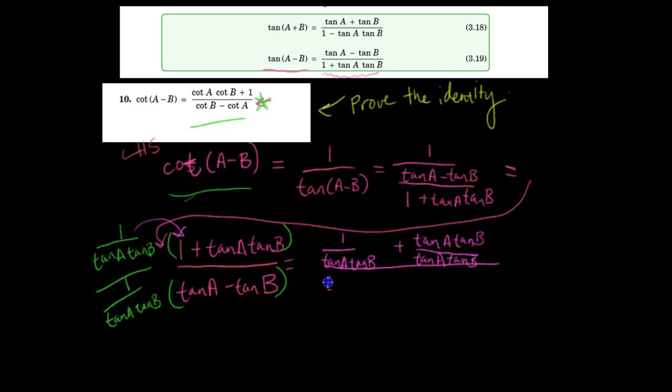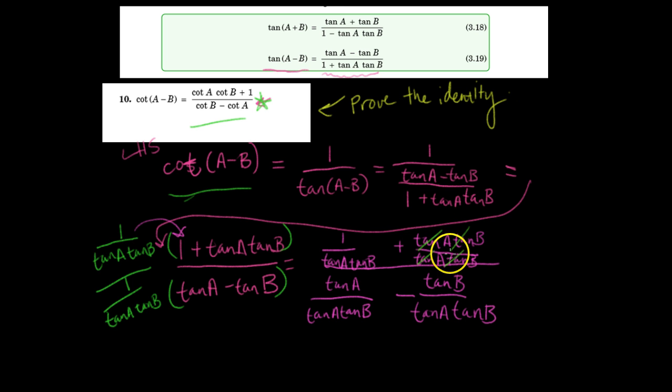And then I have tangent of A over tan A tan B. See, I'm really lazy when I do this because I just cross it off in my head, but it's easy to make a mistake, so be careful. And then you have tan A tan B, and then you get to do your fun crossing off, right? Because this cancels and this cancels.